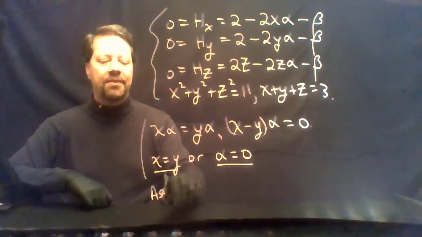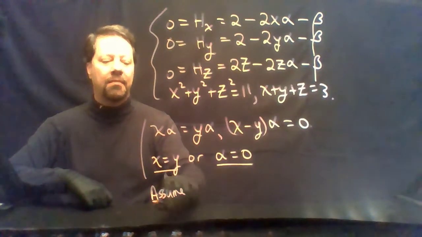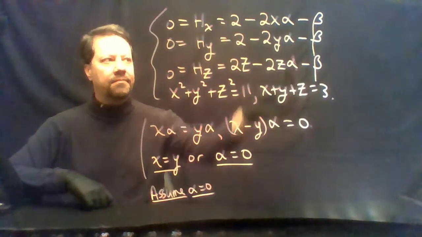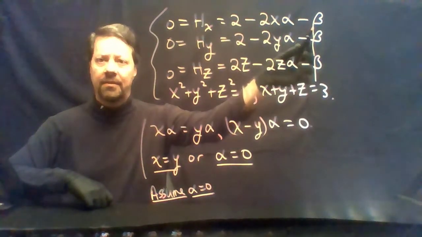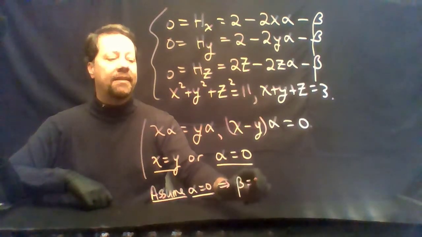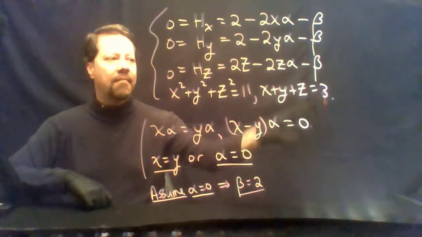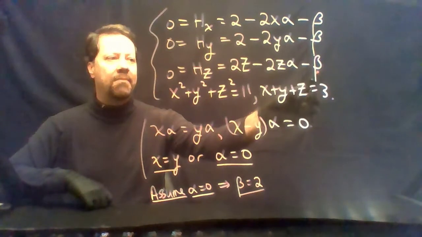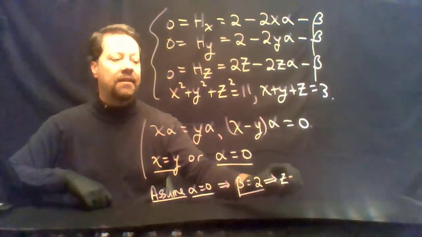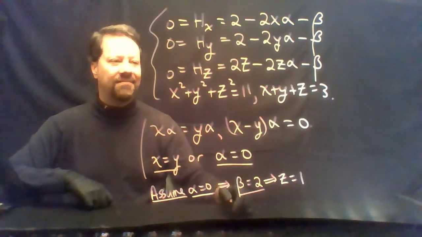So first, let's assume alpha is 0. If alpha is 0, we deduce then that beta is 2. If alpha is 0 and beta is 2, then z is 1.